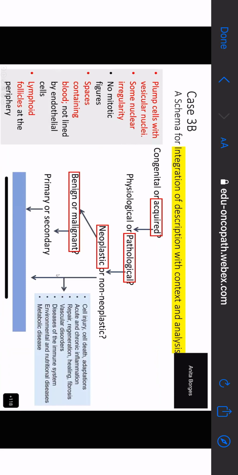It shows plump cells with vesicular nuclei, some nuclear irregularity, and no mitotic figures. So all of you think that it must be benign because everybody has said that it is hemangioma. There are spaces containing blood but not lined by endothelial cells, and there are lymphoid follicles at the periphery, and this is a nodular lesion.